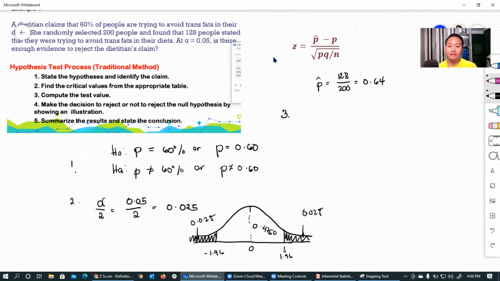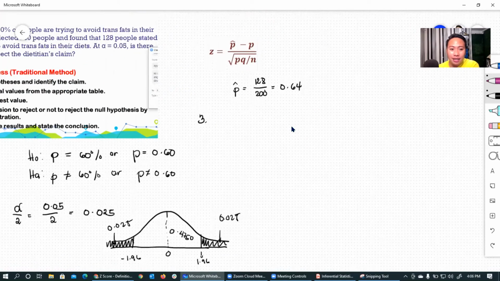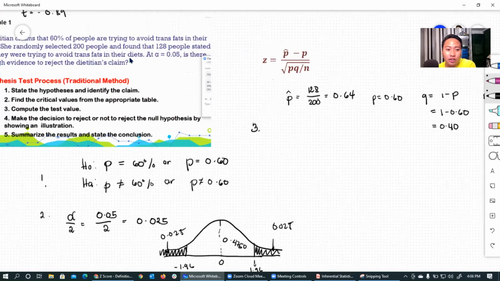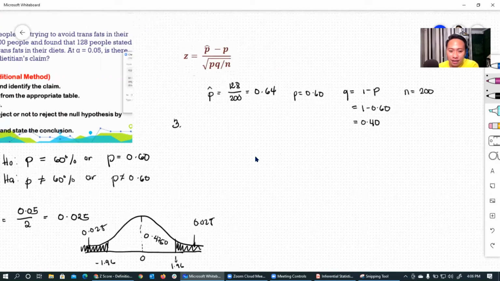Yeah, it's 0.64. And then P is already given. P is equal to 0.60. The Q, guys, is equal to 1 minus P. So 1 minus 0.60, Q is 0.40. And N is the total sample size being picked, and that's 200 people.